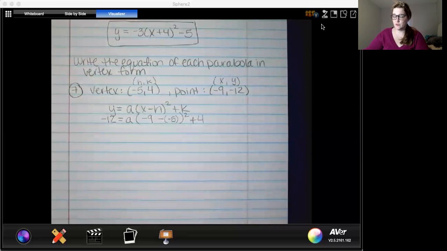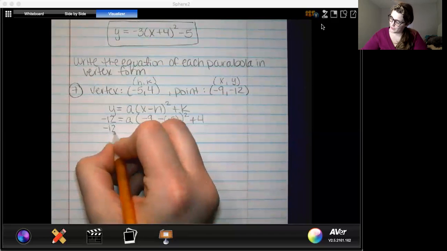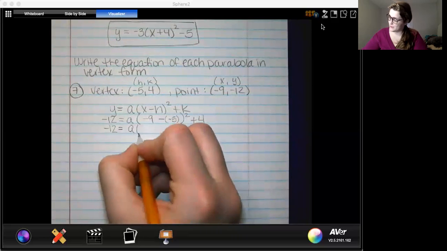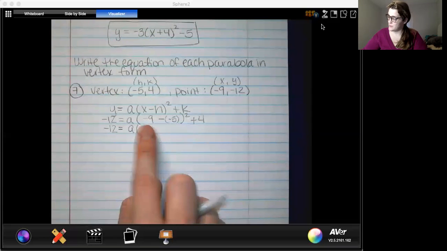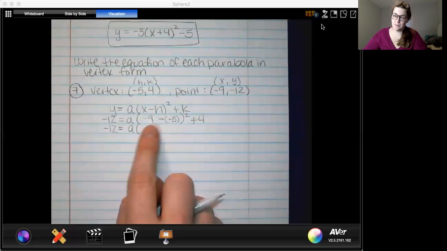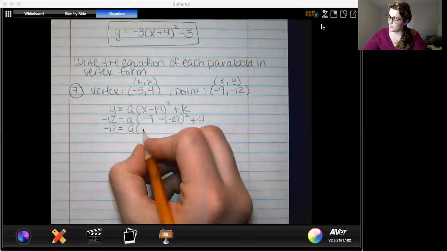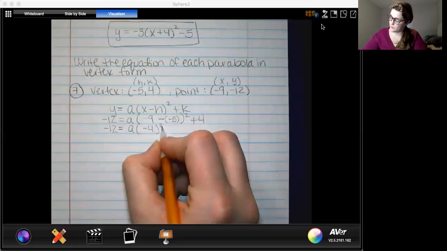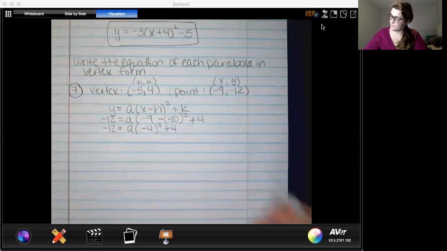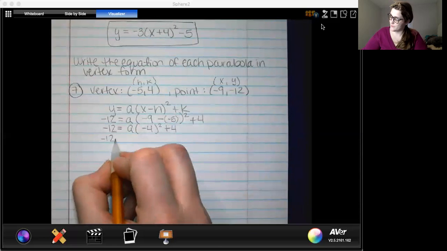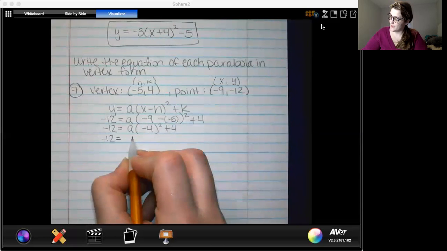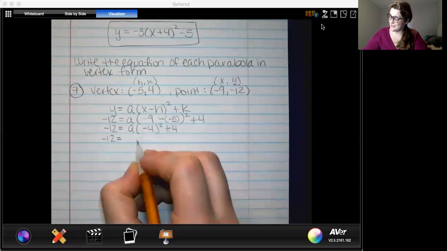And as always, you should follow PEMDAS to go from the inside out. So we have -12 equals a times -9 minus a -5, which would be plus 5. So that'd be -4 quantity squared. -4 squared would be 16.